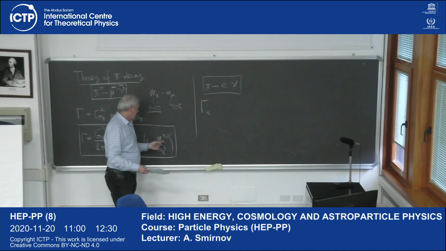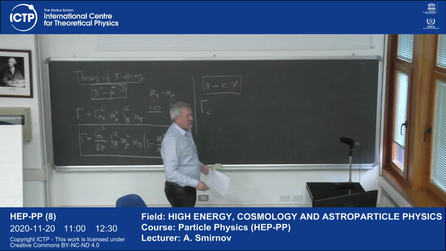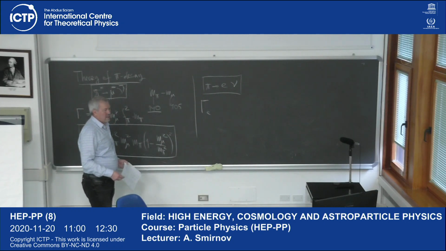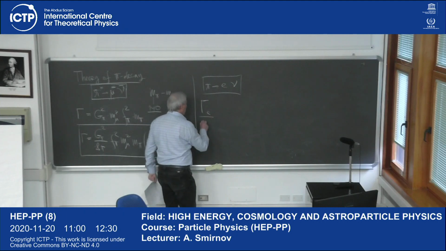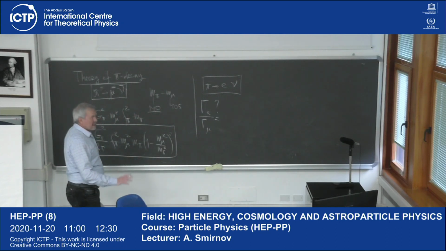So if you just take this factor, then the electron you can neglect, and there is no such suppression. Any guess? So what is this ratio of rates with electron in the final state and with muon in the final state?